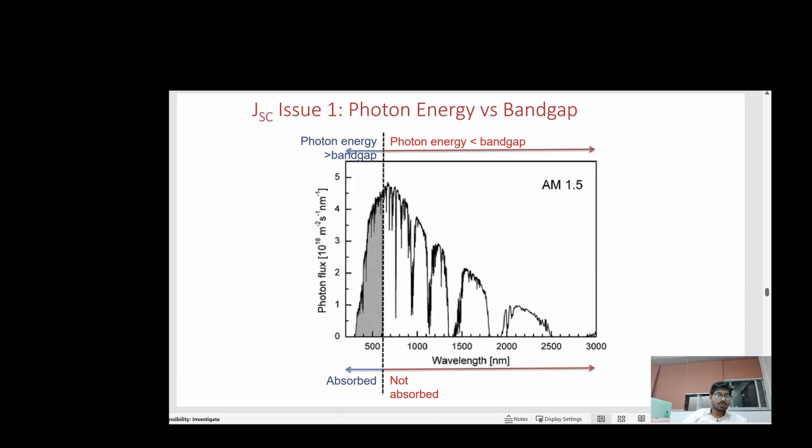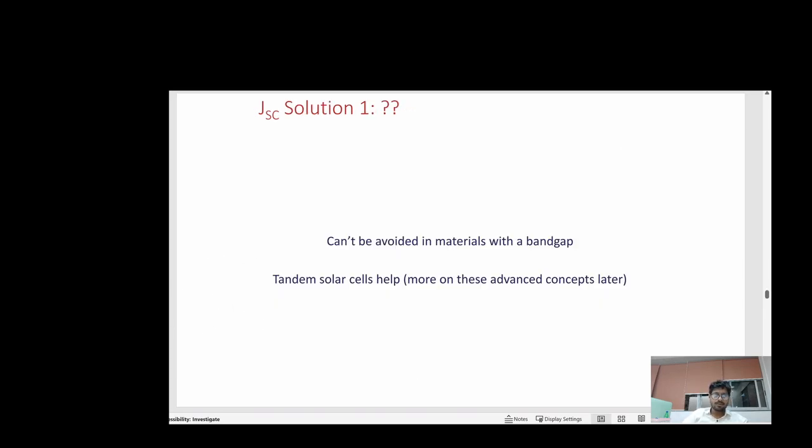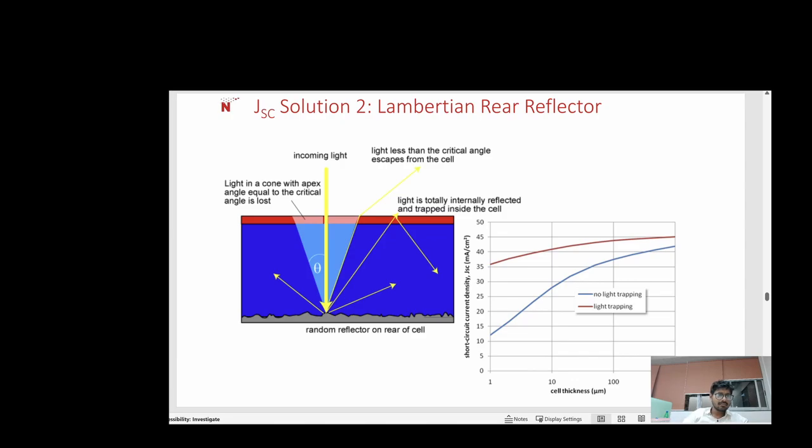And this is the photon energy versus the band gap, the absorbed photons and the band gap. We will see these things in detail. There are many things, but we will try to cover it in one class.